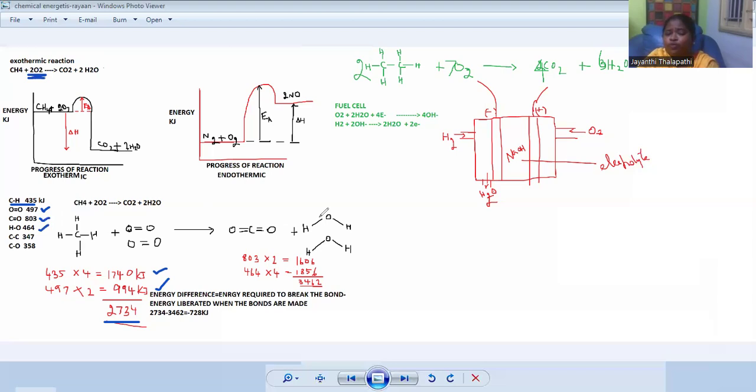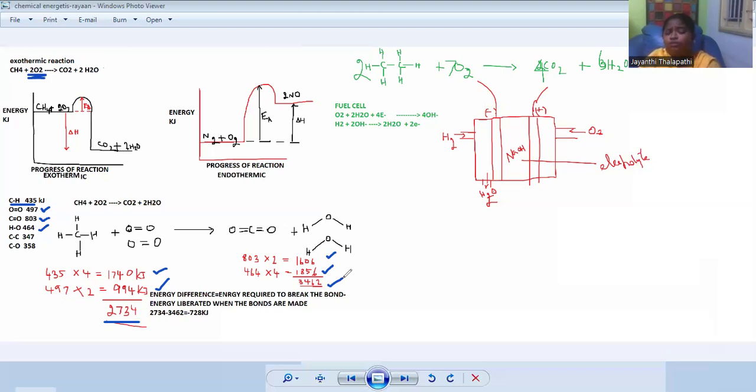How many O-H bonds are there? 4 O-H bonds, 2 O-H bonds in each water molecule, and 2 water molecules are there, which means 4. So 464 times 4 is 1856. By adding these two, you get 3462, which is the energy liberated when the bonds are formed.